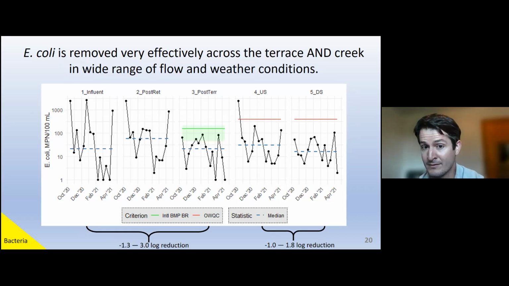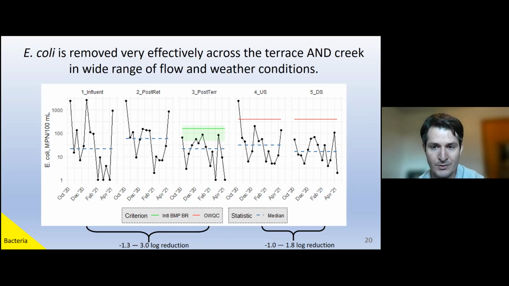Not in every single event. There were a few times when my bacteria results increased between site 1 and site 3, which is the treatment terrace, these 2 points. And then site 4 and site 5, if you remember, are the upstream on the Carli Creek above the confluence with the constructed wetland backwater channel, and then downstream is below it.